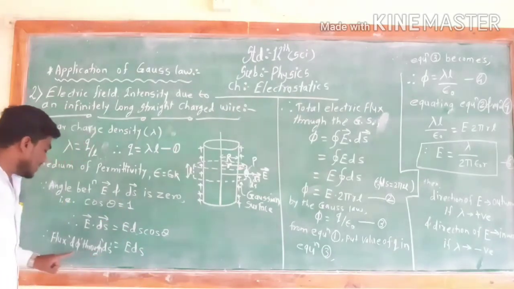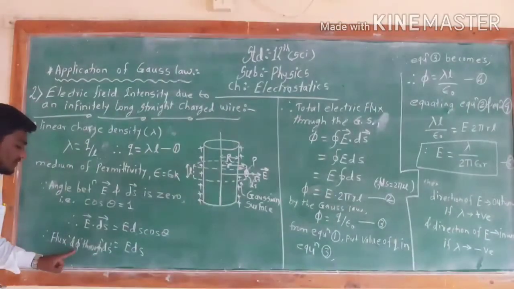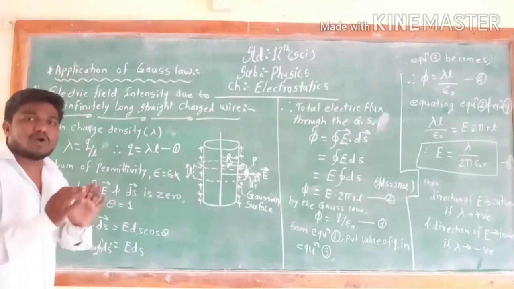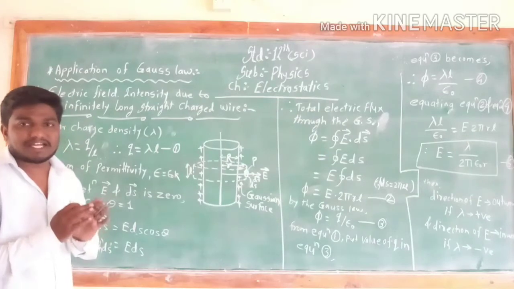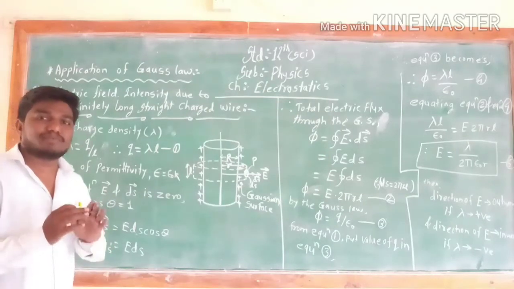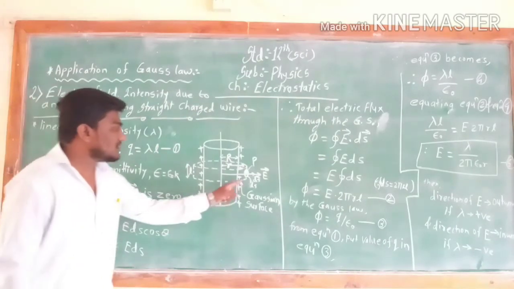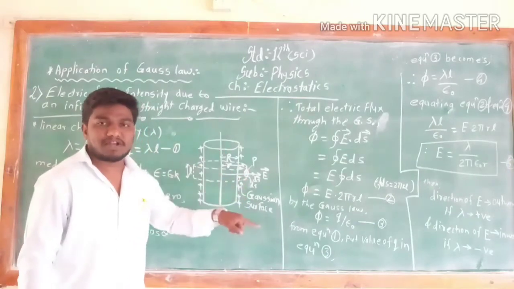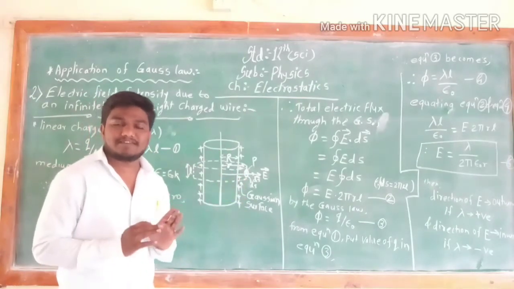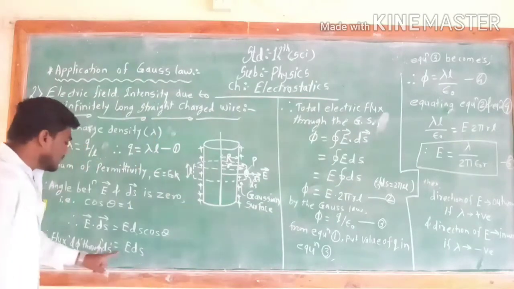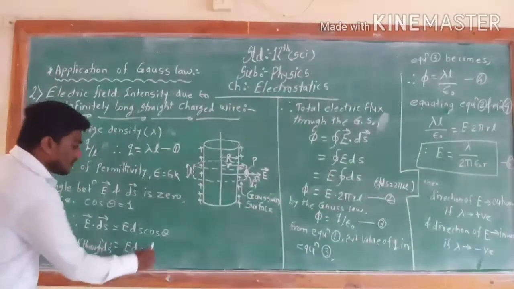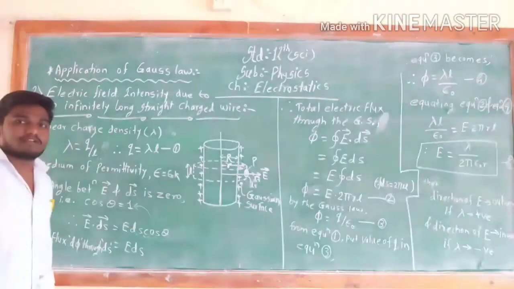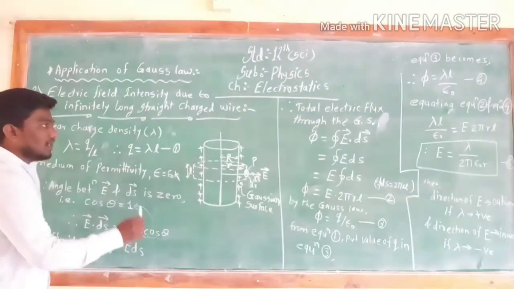Therefore, the flux d phi through the area dS, where d phi is the small electric flux for the small surface area dS, is equal to E dS, because cos theta is equal to 1.